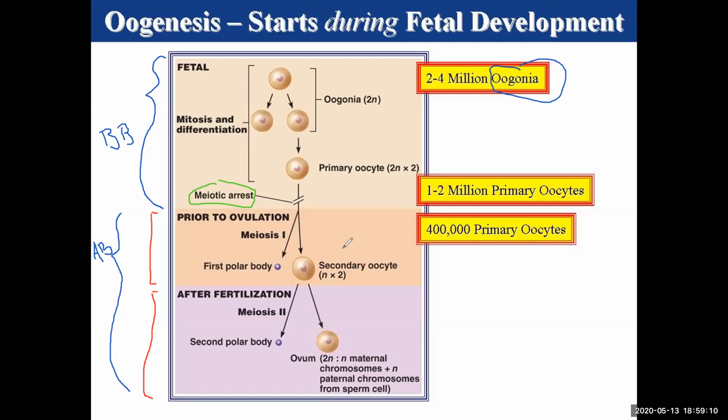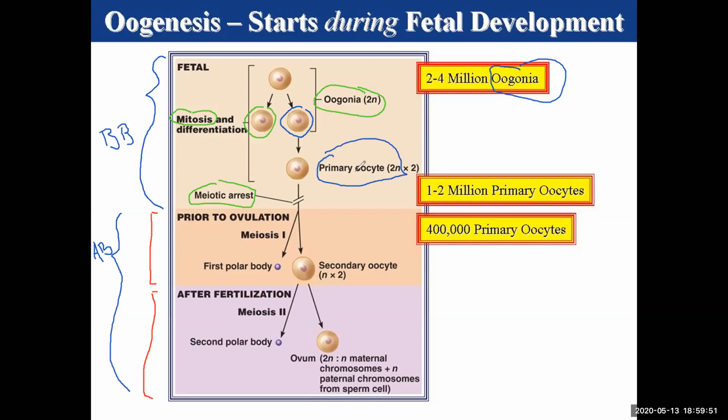Same thing here, the secondary oocyte stops its development. So you have here the diploid stem cells undergoing mitosis. This cell remains a stem cell. This cell kickstarts the differentiation process, becoming a primary oocyte. It is still a diploid.